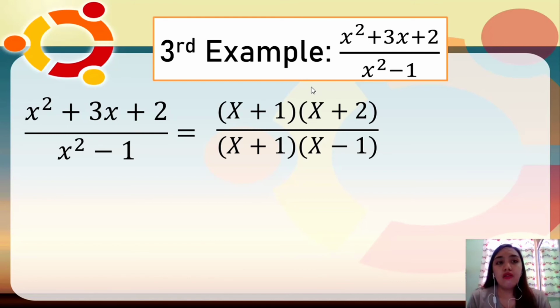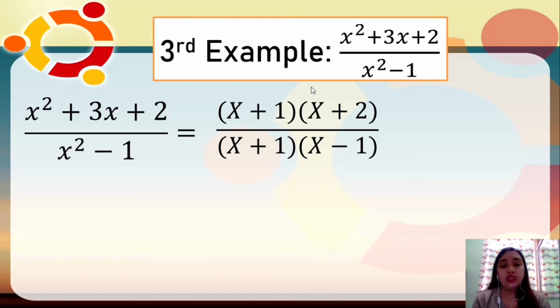Again, how will we do the process of eliminating or canceling? Kapag may nakita tayong terms, numbers, or equations na parehas na nasa numerator and denominator, always cancel it out. Kapag pares na pares sila.